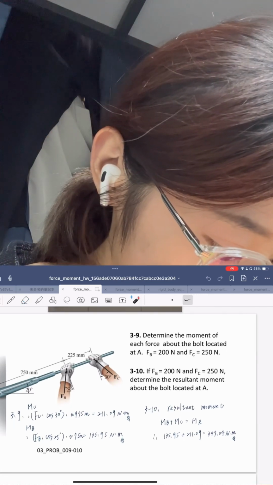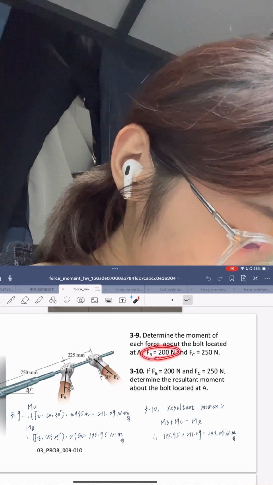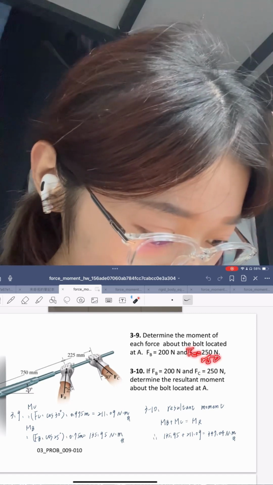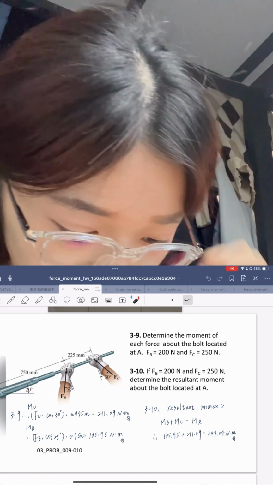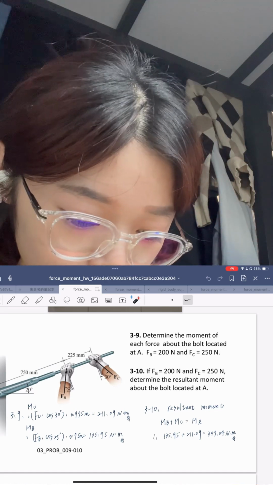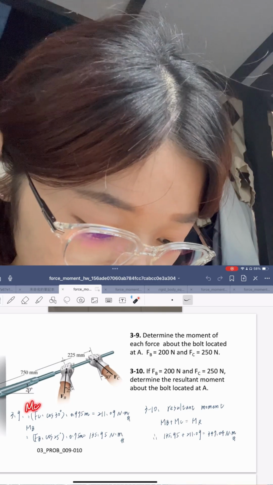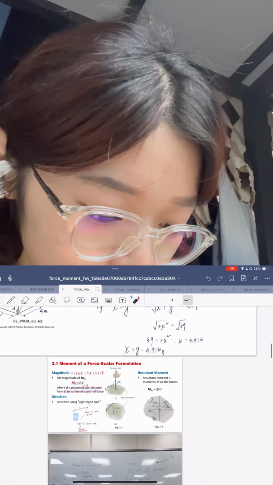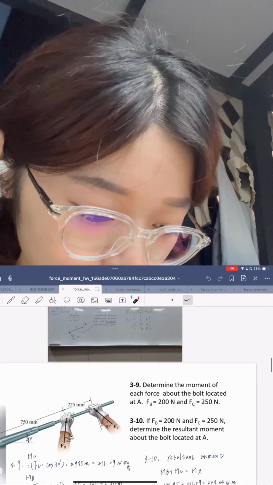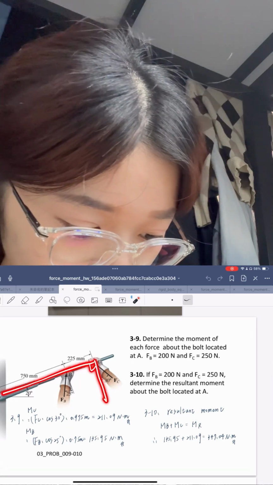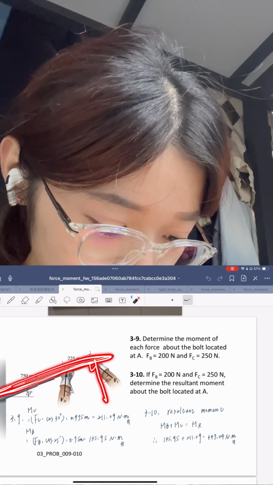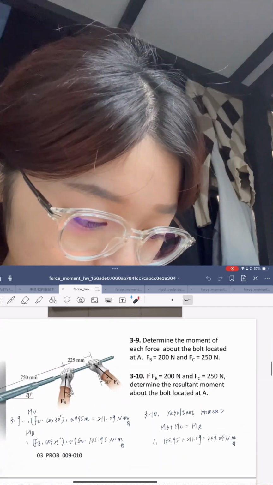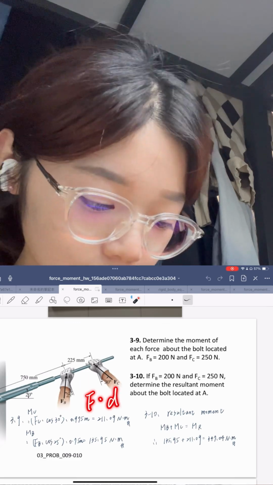Okay, if the FB is 200 and the FC is 250 Newton, and we will know the unit has two force with the moment C is FC, because this has need to the first if with this, because why this is have the vertical with the, this is the D, this is the force, because this is the vertical, so we have to use the F multiplied by the D distance.